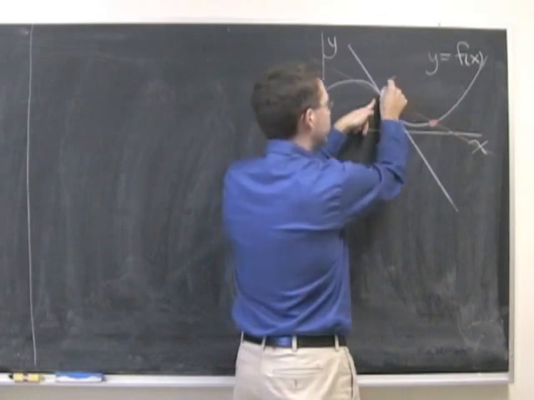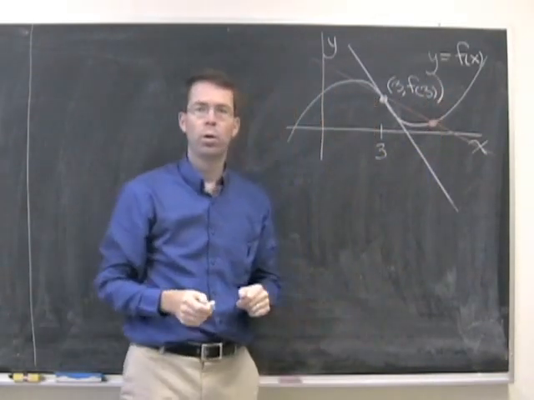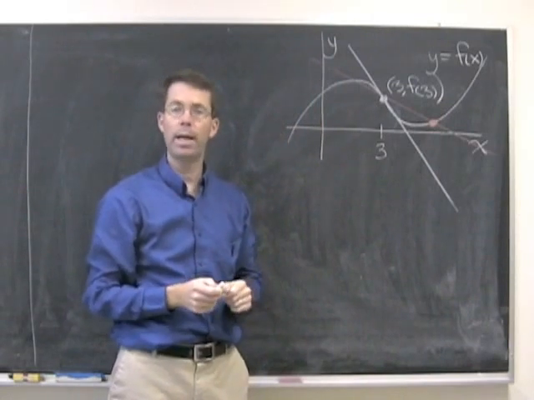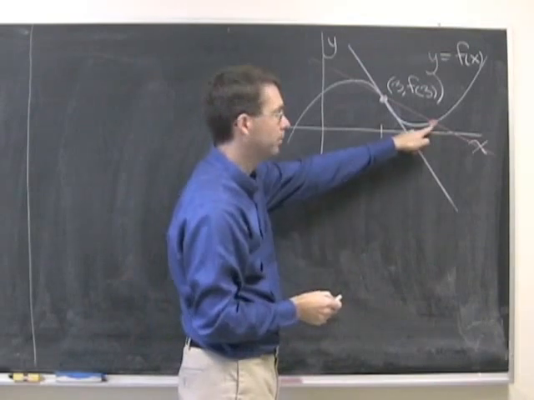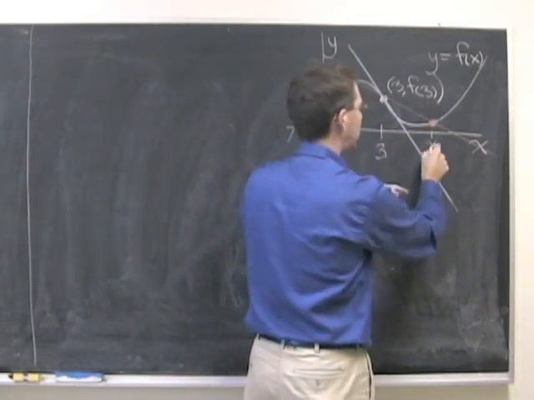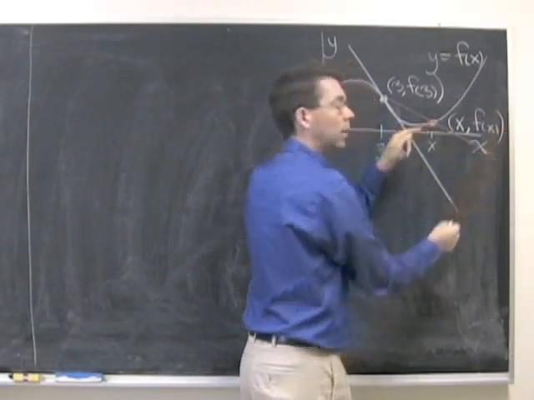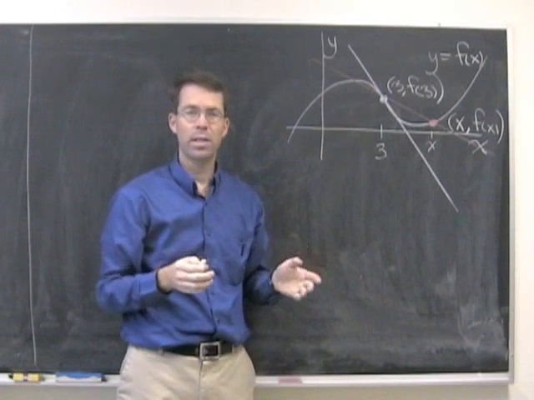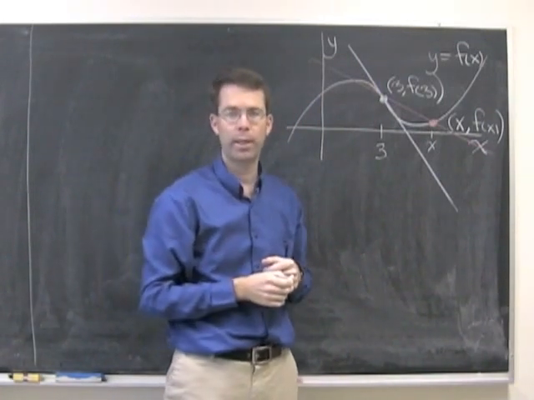Our first point has an x value of 3 and a y value of the function at 3, f of 3. Our second point is at some unknown point, we'll call it x. Because the x-coordinate is x, we don't know the y value, but we'll write f of x.